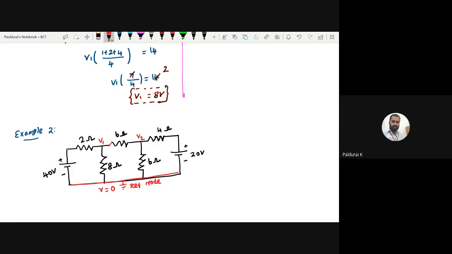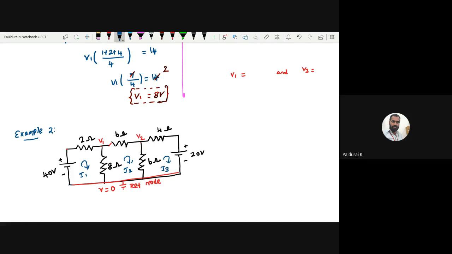Now first we will do it with mesh analysis. Can you find V1 and V2 by using mesh? Since, as Vignesh told, you are familiar with mesh, right? So what you will do? You will assume I1, this is my I2, and this is my I3.